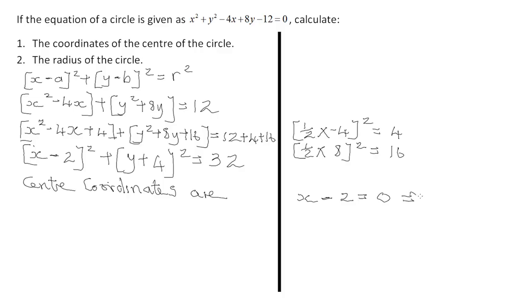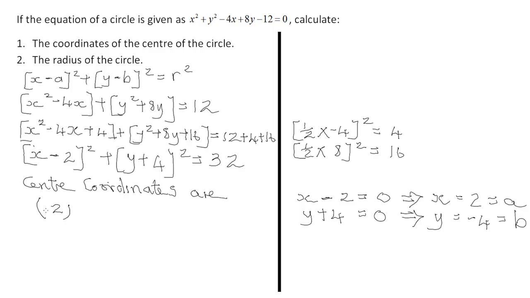It implies that x is equal to 2, and that will be equal to your a value. And then y plus 4 is equal to 0. It implies that y is equal to minus 4, and that will be equal to your b value. So your center coordinates therefore will be, your x coordinate will be equal to 2, and your y coordinate will be minus 4.